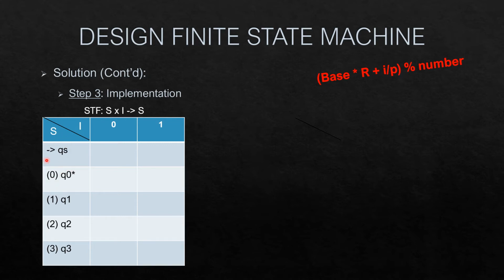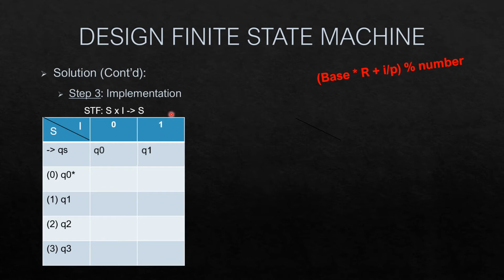Now when we are in Qs state and we get the first input digit as 0, that means 0 in decimal is 0. So when 0 is divided by 4, we get remainder 0. So we transit to Q0 state. And from Qs state, when the first input digit of the given number is 1, that means 1 of the binary number system converted into decimal will give me 1.